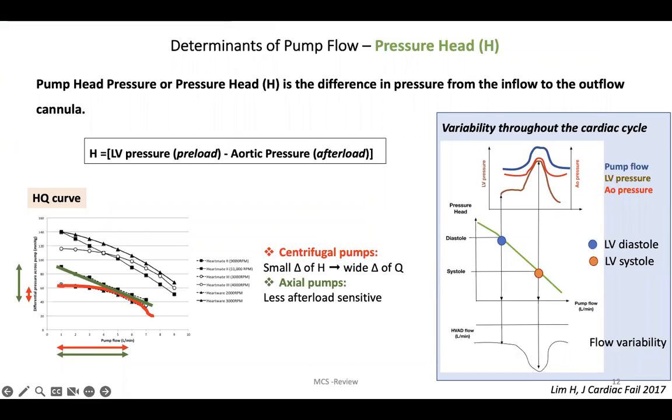One element is very basic, but I think it's really important to understand: the determinants of pump flow. We are talking about the pump, not the ventricle. The first concept I'm going to talk about is the pressure head. I'm pretty sure most of you are already familiar with this concept.